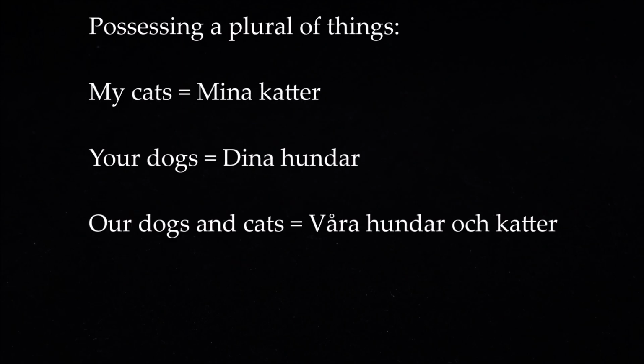Now lastly, for the possessive pronouns, we have a few words describing if I, you, or we have a plural of things like my cats, your dogs. So these words are mina, dina, and våra.